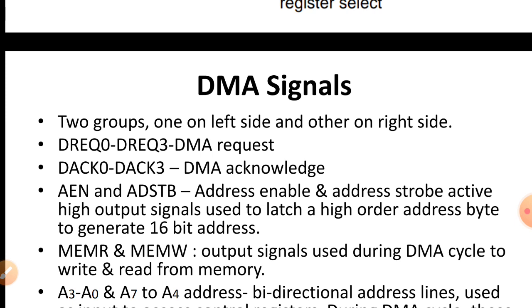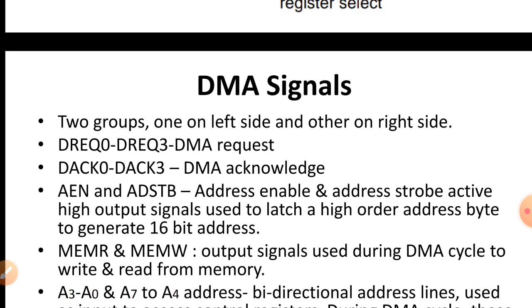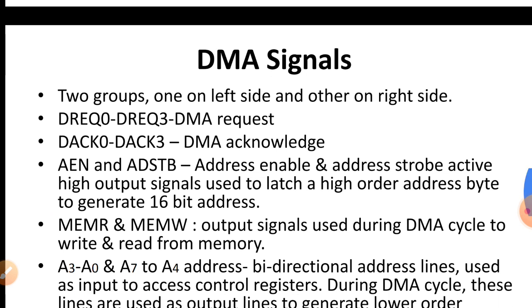Now, come to the left hand side. On the left hand side we have the signals AEN and ADSTB. AEN stands for address enable and ADSTB stands for address strobe. Both the signals are high output signals, and they are used to latch the higher order address bytes to generate the 16-bit address.